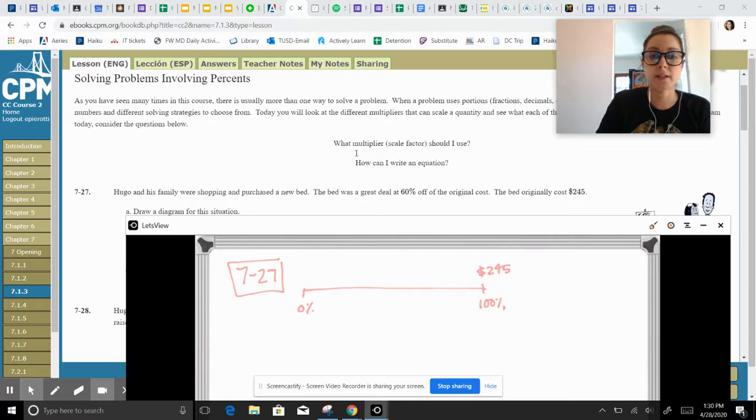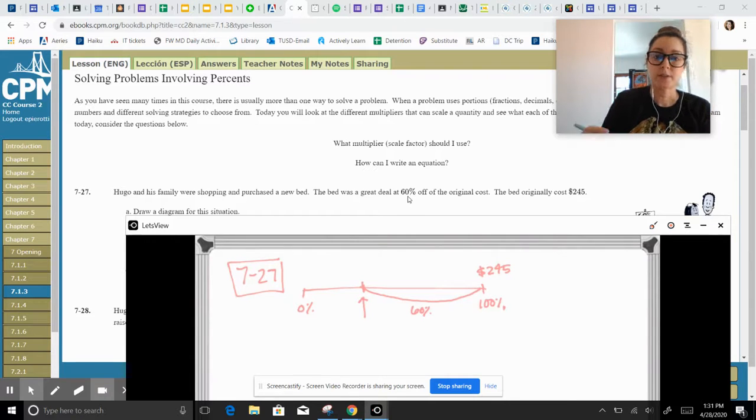And then we see that the bed was on sale for 60% off. So I'm just going to do a simple line here and say that this amount is 60%. So we know that Hugo is now paying for the bed at this cost, but we don't know what that cost is just yet.